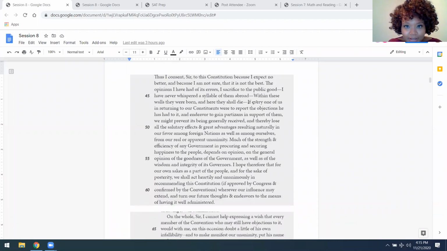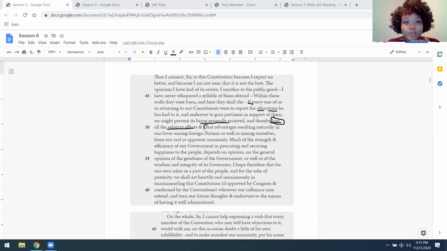Right here, it's saying that if we tell of our objections, it might prevent it being generally received and thereby lose all the salutary effects. And from here, let's say we don't know what in the world he's talking about, lose the salutary effects. What does that mean? Right here, we're clued in that it's bad to lose those things because he says lose here.